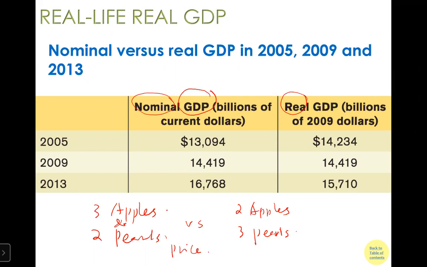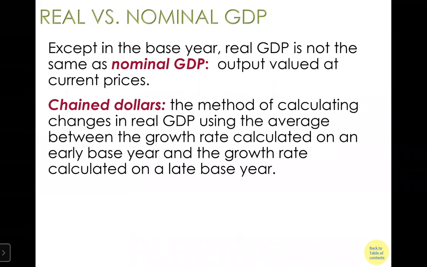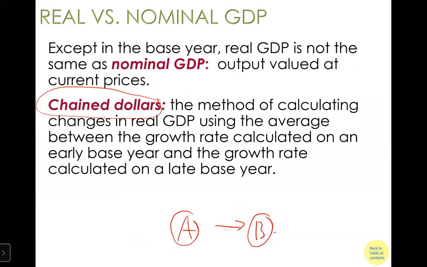Nominal GDP essentially uses the current price, and for real GDP, what do we use? We use a particular year as a base year, and we stick with that price to calculate GDP. That's nominal versus real. We also mentioned the chain dollar. If you move from year A to year B, depending on which year you use as base year, you end up with different growth rates for GDP.